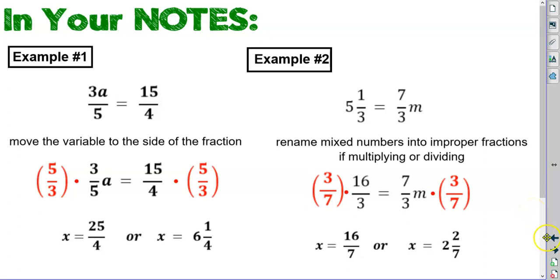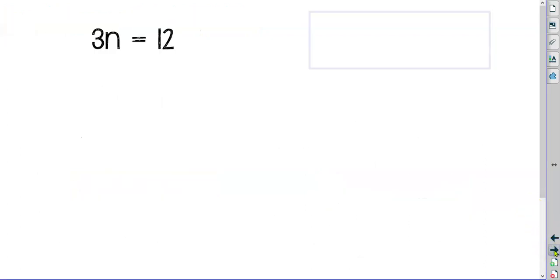All right, let's get started with a few together. Remember, when you have a coefficient, typically the inverse operation is to divide both sides. And that gives us this nice answer. But instead of dividing by 3, you can also multiply by the reciprocal of 3.